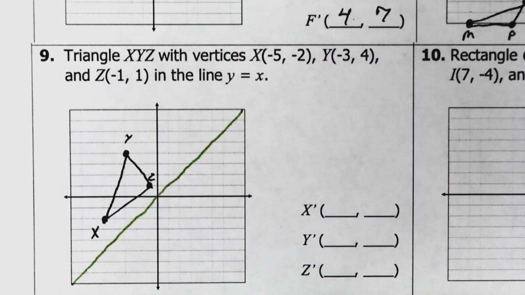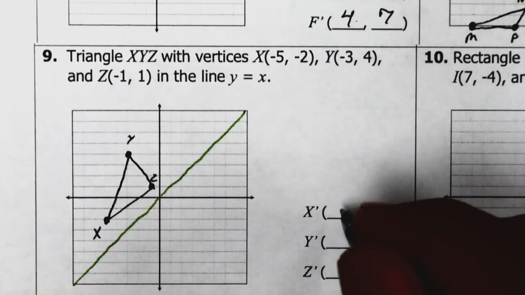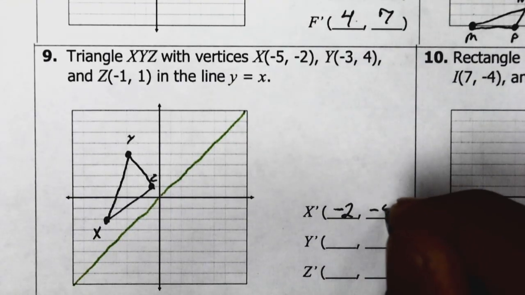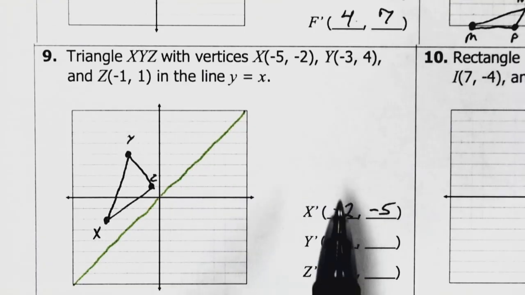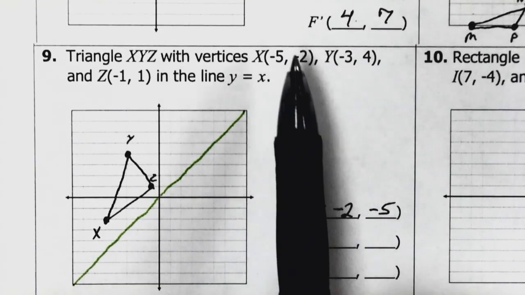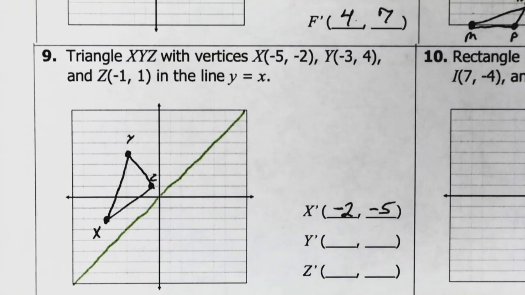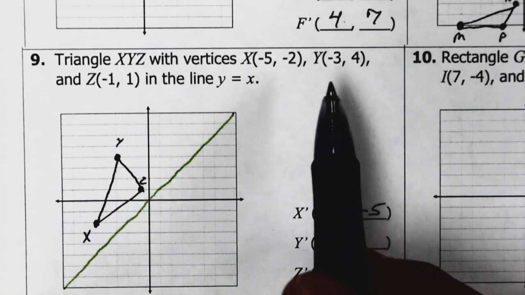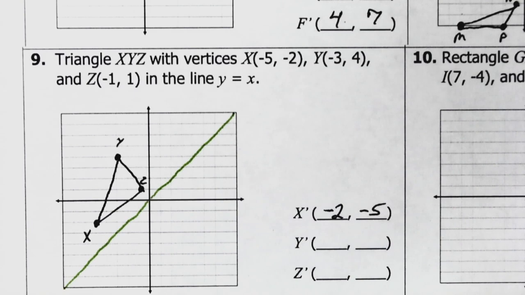So originally X is -5, -2, so X prime would be -2, -5. All I did was I switched the two. So now the new x coordinate is -2, the new y coordinate is -5. Real simple. And then of course we're going to do the same thing for the other two. We're going to swap -3 and 4 for Y prime.